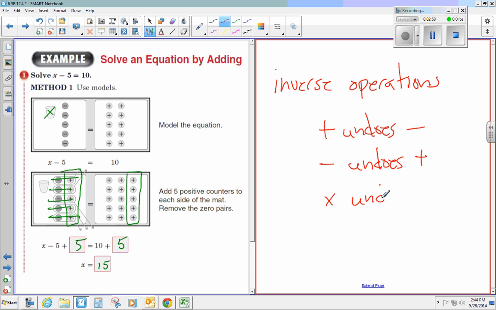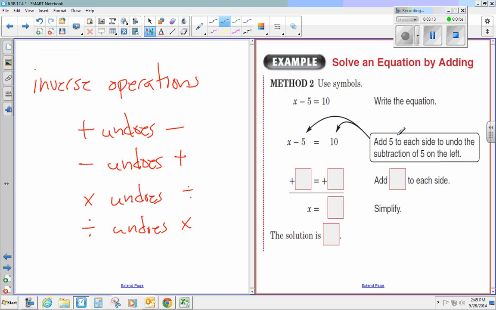Multiplication undoes division. And of course, then division undoes multiplication. So when we're using models, that's very nice to see the pictures, but you're really going to use inverse operations to isolate the variables.